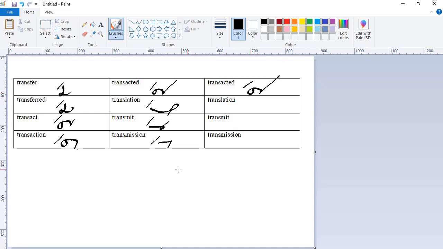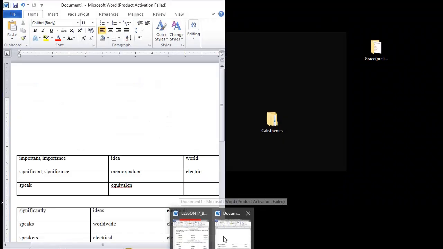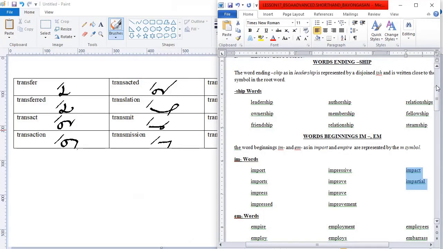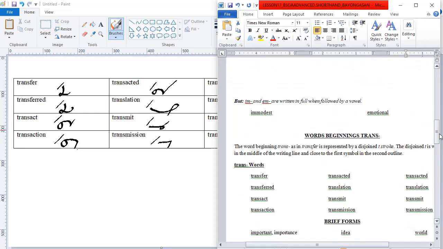Bakit? Anyari? Check ko muna, ha? Okay. So, check muna natin. Anong nangyari? Transacted, translate. Okay. So, naulit talaga siya. Sa ating book, we have transport. Ayusin muna natin. Please stay with me.